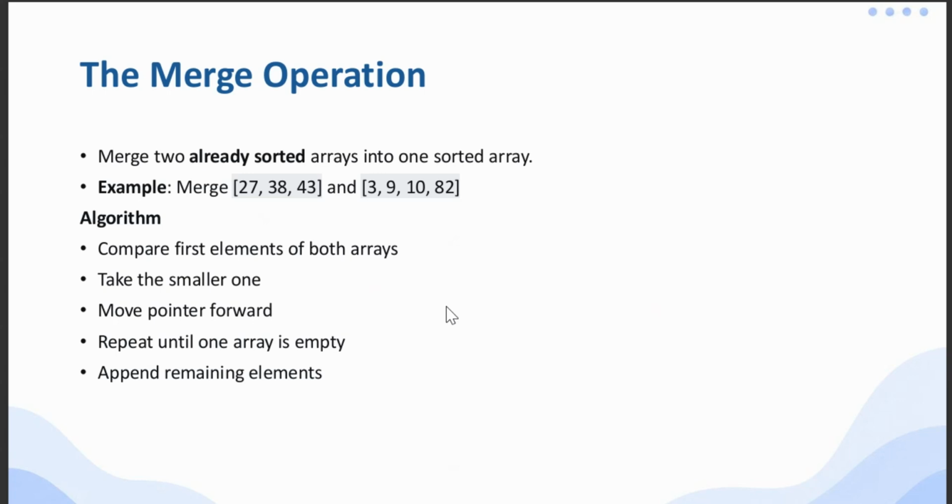You need to compare the first elements in both arrays, take the smallest one, move the pointer forward and repeat until one array is empty. And then you append the remaining elements.